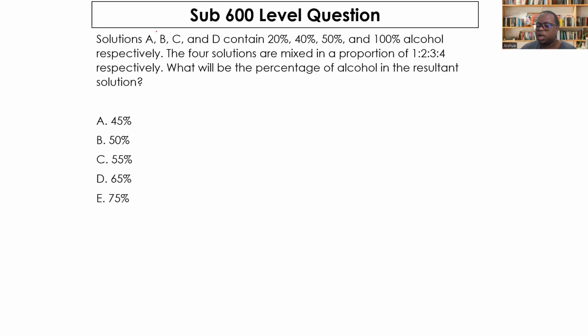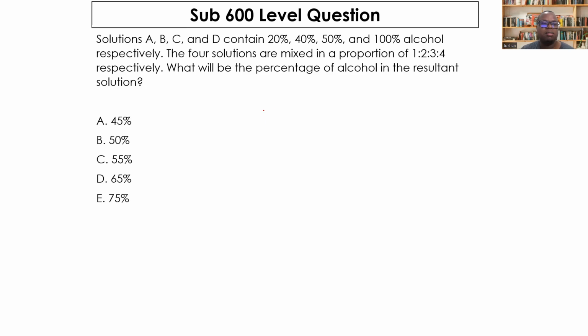One challenge with ratio problems is that the ratios are presented as 1 to 2 to 3 to 4. You need to know how to convert these ratio forms into fractions. That's one thing that is normally tested. At the same time, you also need to know what approach to use to translate these percentages into mixtures and get a conclusive value that you can work with.